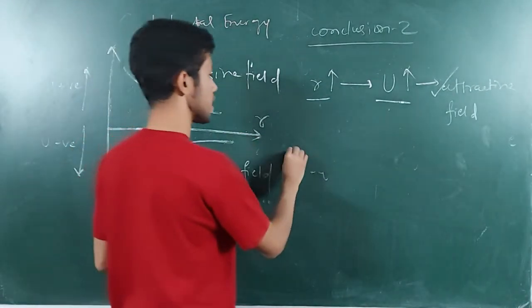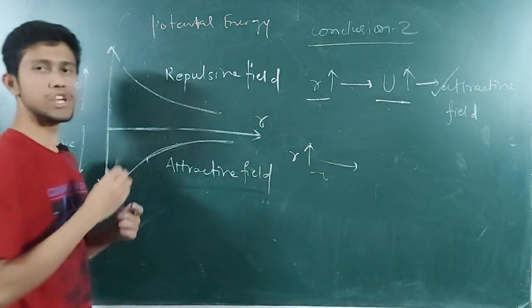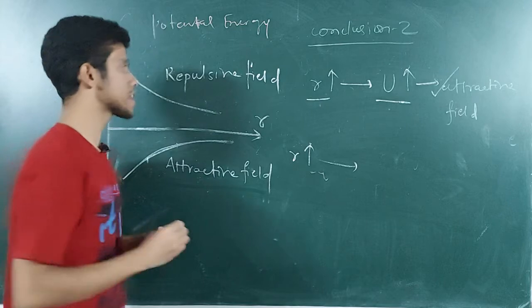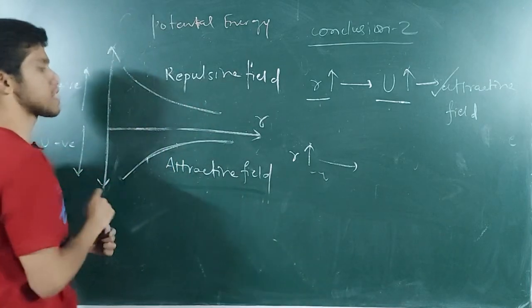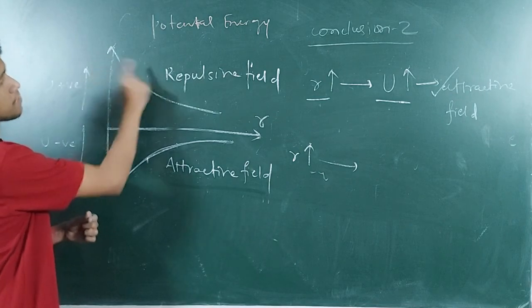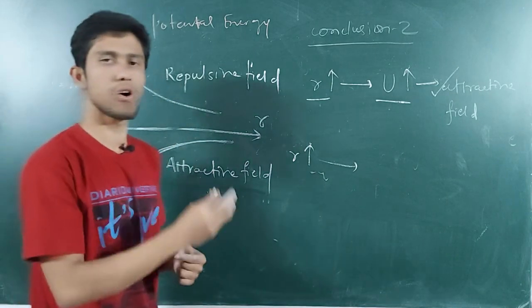Next conclusion, if r is increasing but you see U is decreasing, so in which of these two graphs can you see U decreasing? It is this graph in which, with increasing r, the U is decreasing. Suppose here it is +5, here it is going to be +4, +3, +2 and so on, it will go on decreasing.